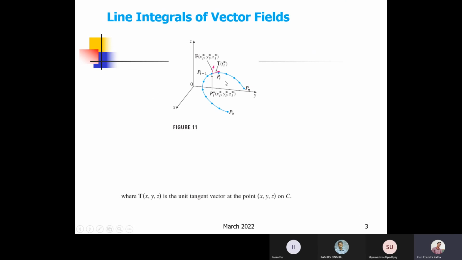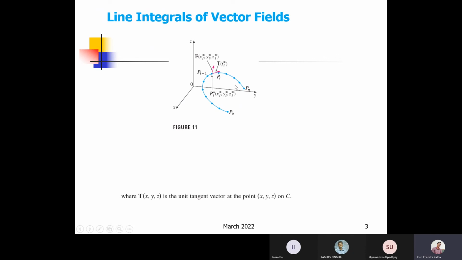We are considering a curve C in 3D space, which can be parameterized through the variable t, which lies in the interval [a, b]. P naught is the initial point, corresponding to t equal to a, and Pn corresponds to t equal to b.